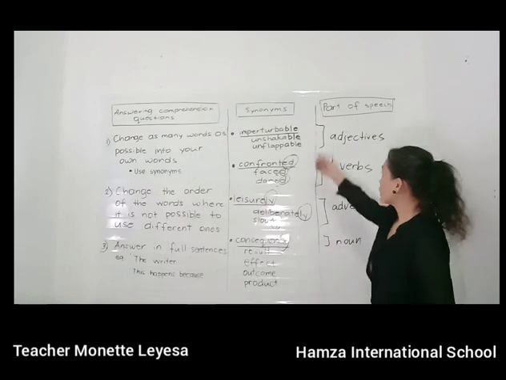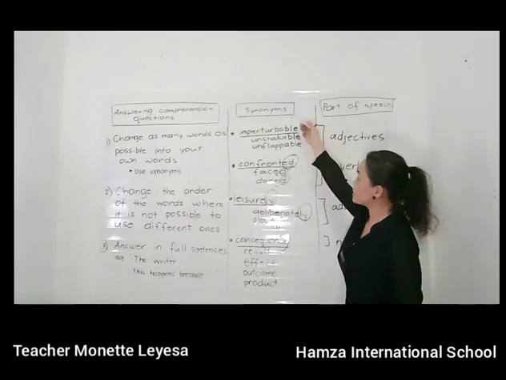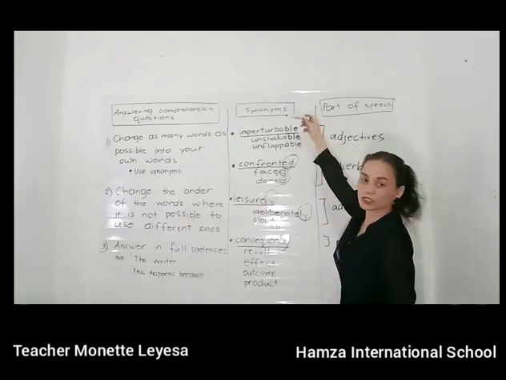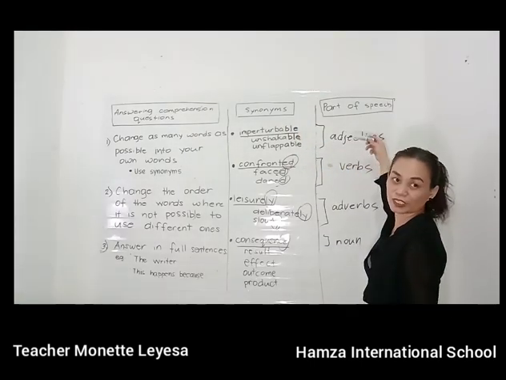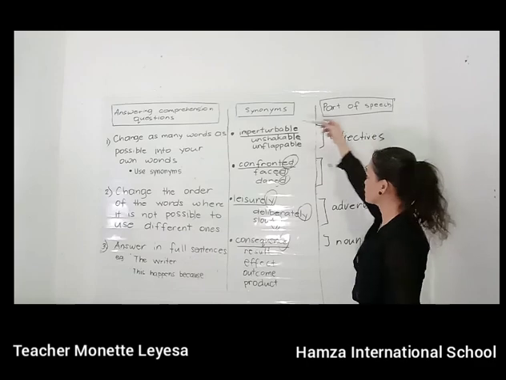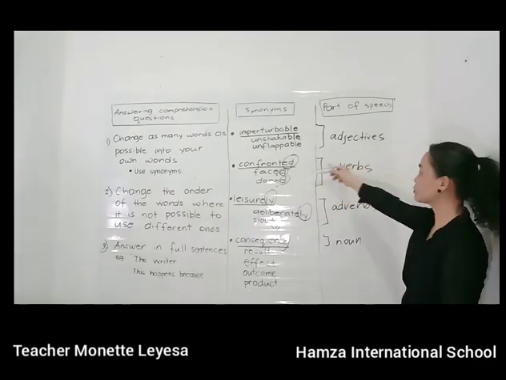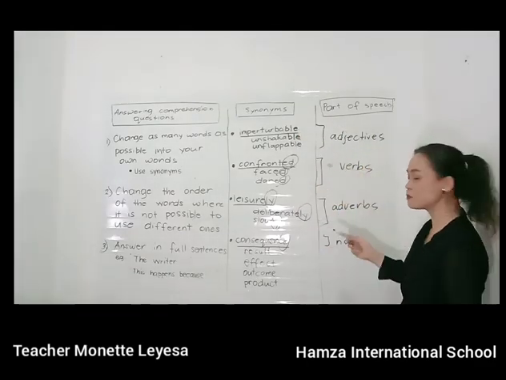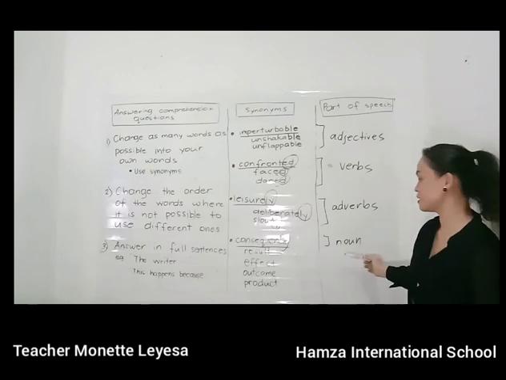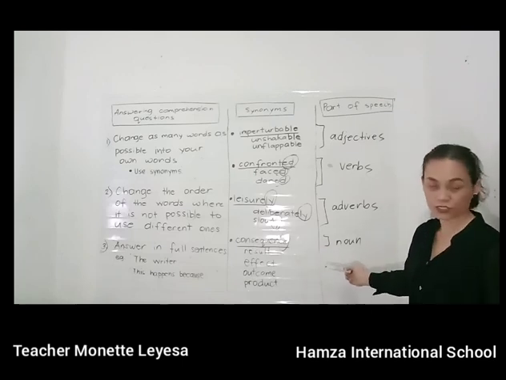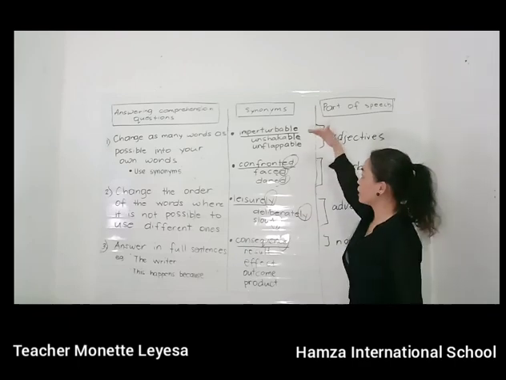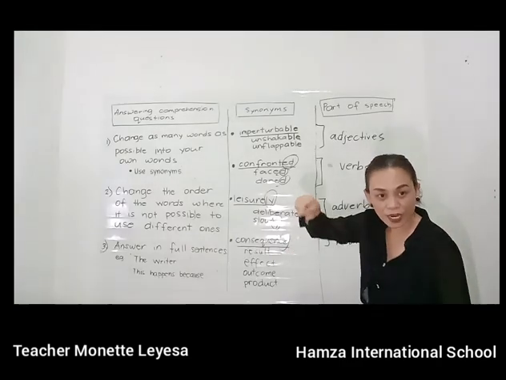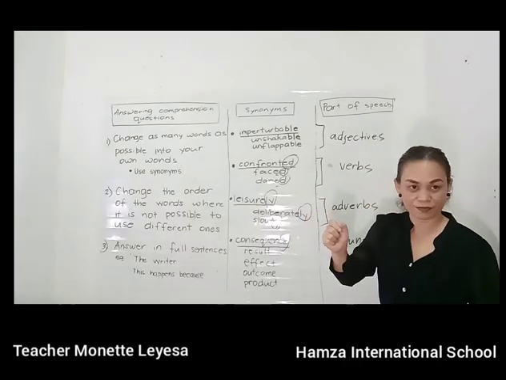Now, as you can see, when we talk about synonyms, we do not only talk about adjectives. We can find synonyms for adjectives. We can also find synonyms for verbs. We can also find synonyms for adverbs. And we can also find synonyms for nouns. So, the lesson here also is that when the word given to you is an adjective, make it a point that the synonym that you write is in the form of an adjective.